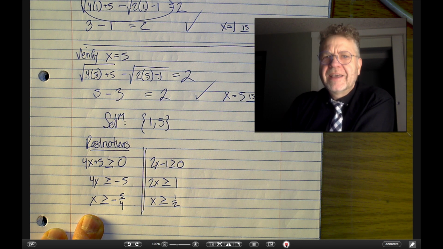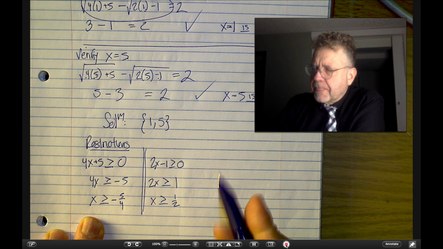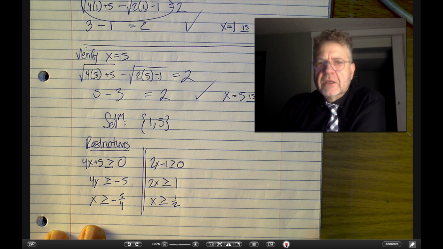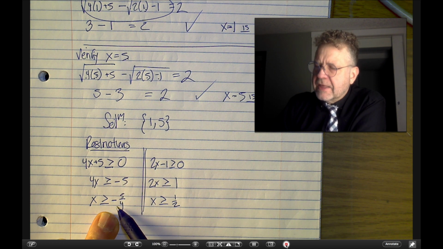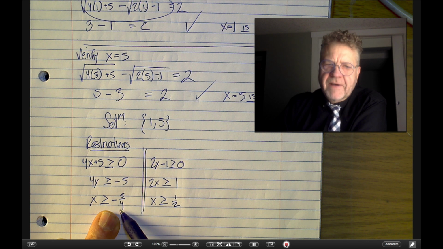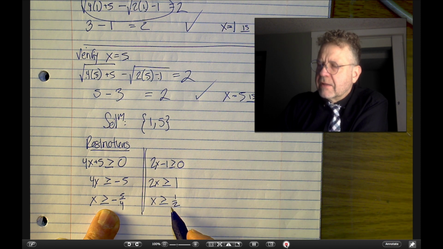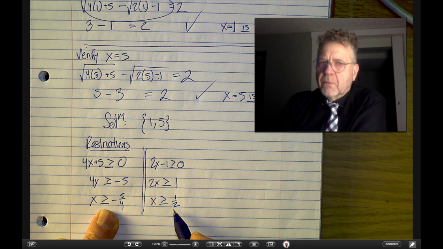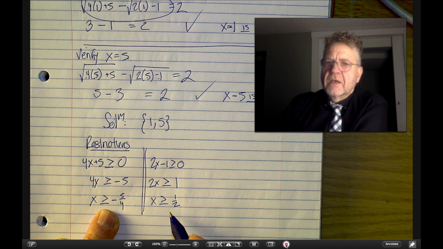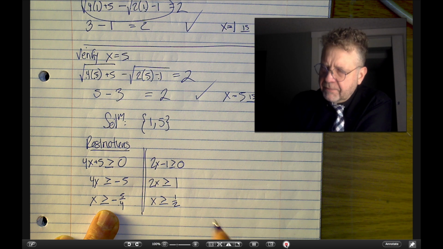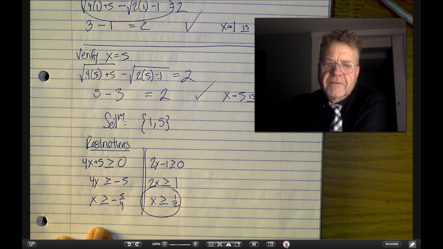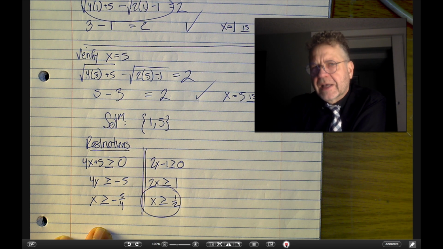Is that a thing? Yes, it is. So what do you think is more restrictive? You know that the radicand cannot be a negative number. And you know that anything less than negative 5/4 will give a negative radicand, right? But you also know that there's a positive number below which will also give you a negative radicand, and you can't have that either. So the most restrictive restriction is that second one.